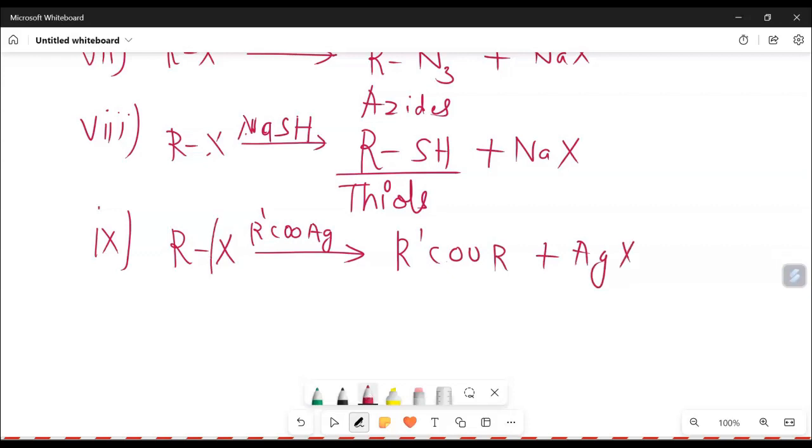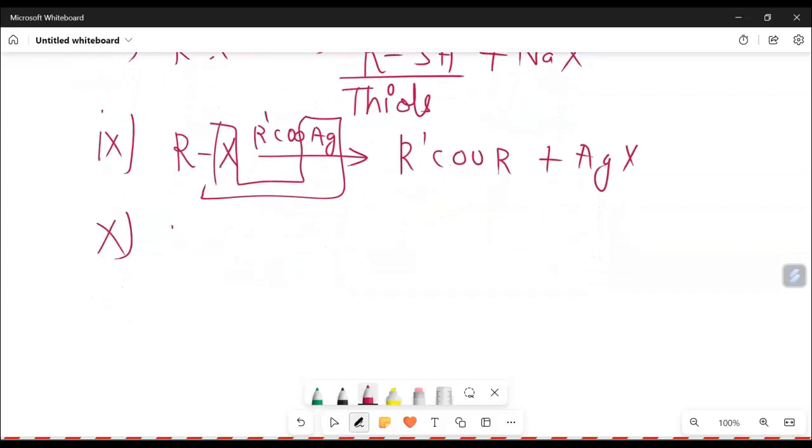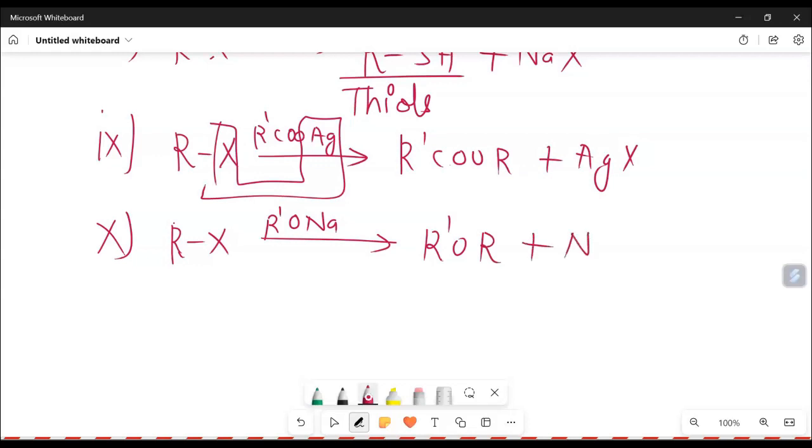So again this will be removed and the reaction proceeds like that. The next reaction is R-X reacting with R'ONa. It will form ether, that is R'OR plus NaX.